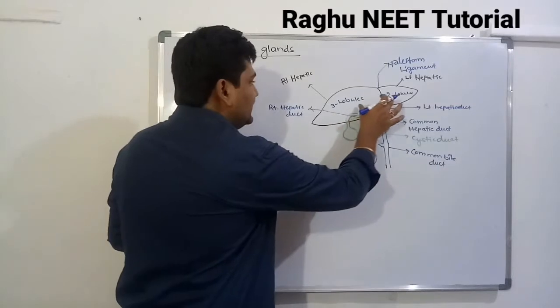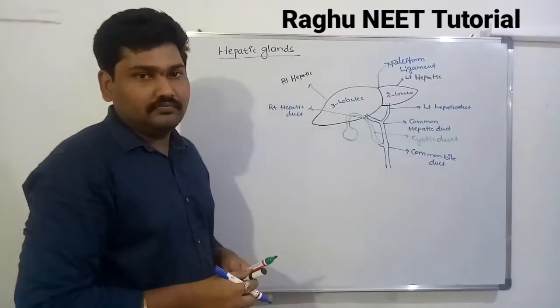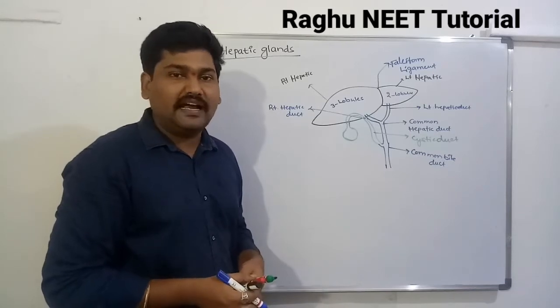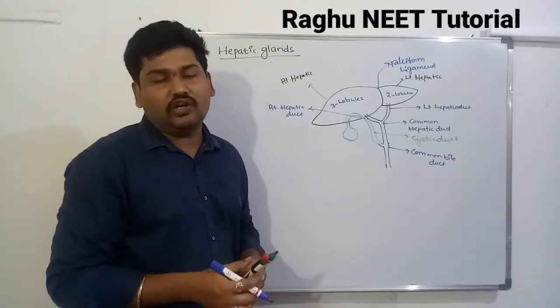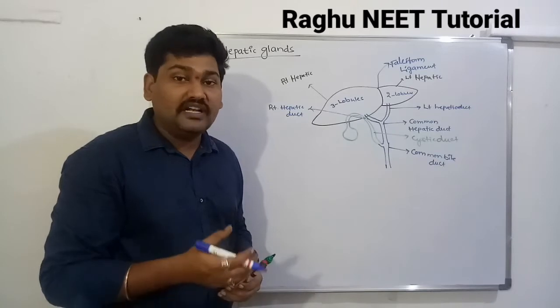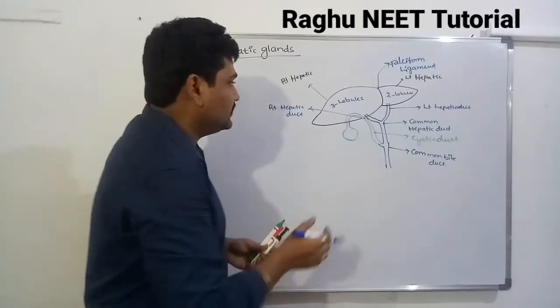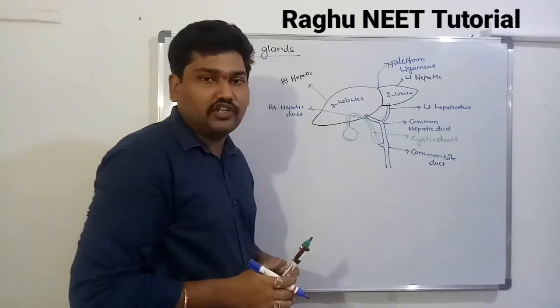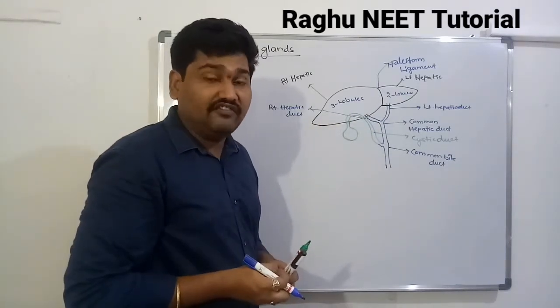These lobules secrete bile juices. These bile juices are useful for the emulsification of fat molecules. Very important from the examination point of view: the right and left hepatic lobules both secrete bile juices through one system.